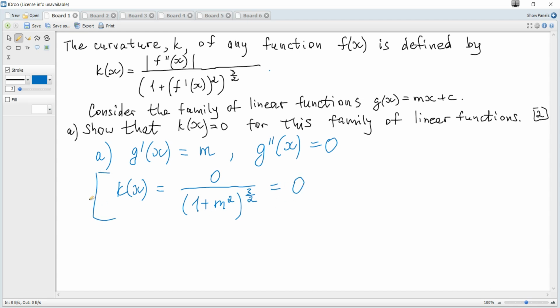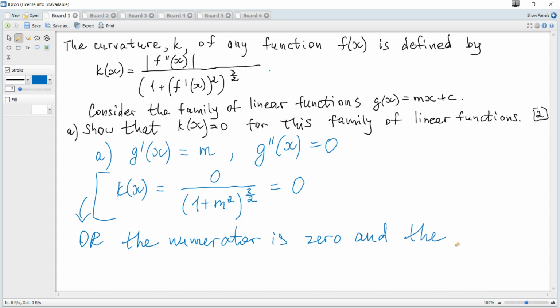Or instead of this, you may say that the numerator is 0, and it's very important to add that the denominator is not 0, otherwise 0 over 0 means that the function is undefined.